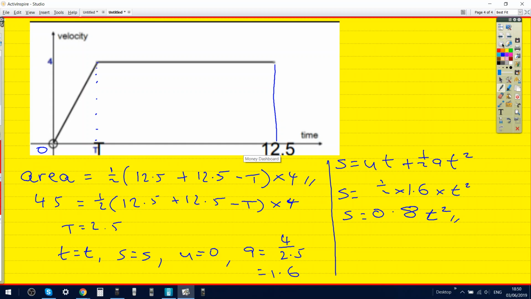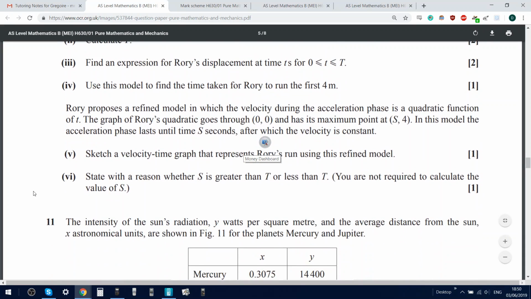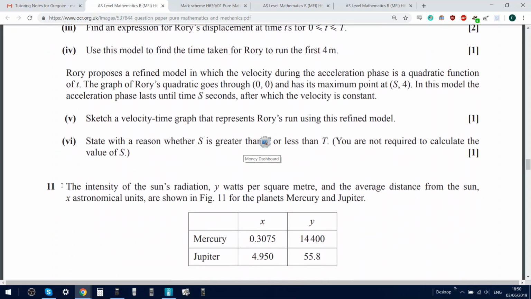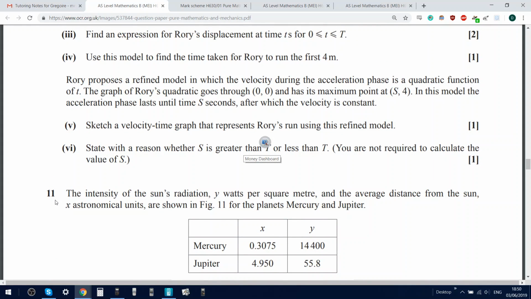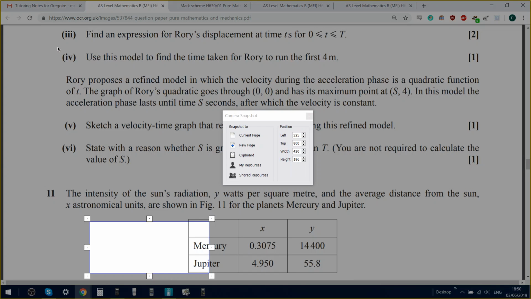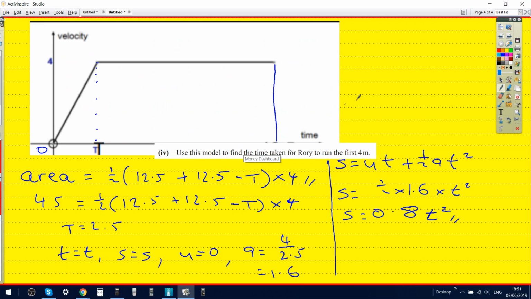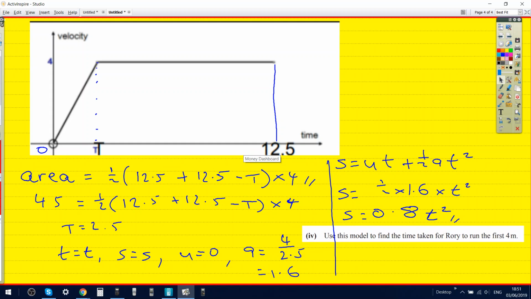Did you get the rest of them? No, I didn't, because I got stuck at 3. And then how about part 4? Use the model to find the time taken to run the first 4 meters. Our equation was, so we can plug in 4 for s, and then I can use the solver.